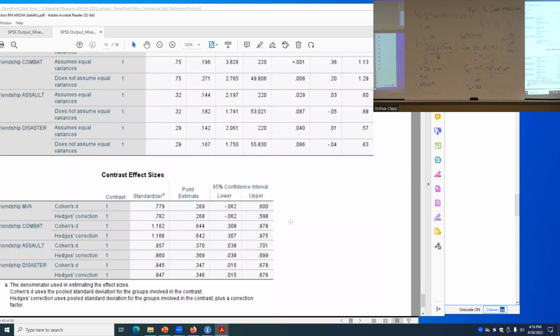Okay. Now, what's the one thing that I need to be mindful of as I'm moving forward with my interpretations? What did I set as my critical T? Do I remember? 2.9, right?